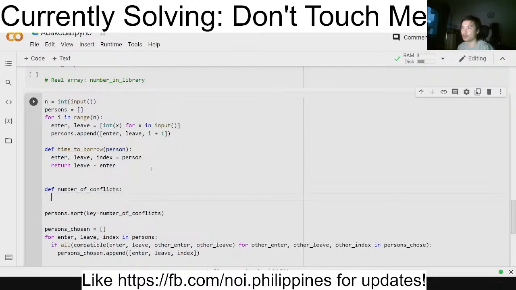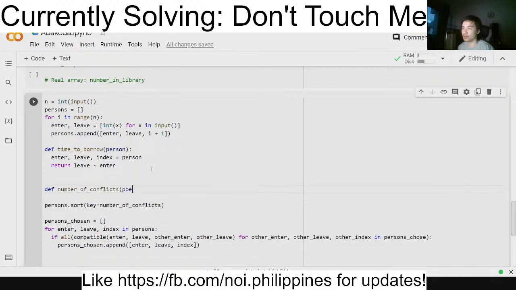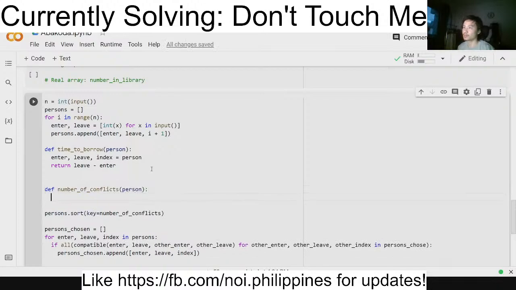And you can figure out how to compute that. Okay, but even if you do, well, actually before you do, it's always useful to think, is it actually right? Is prioritizing people by the number of conflicts the right thing to do?